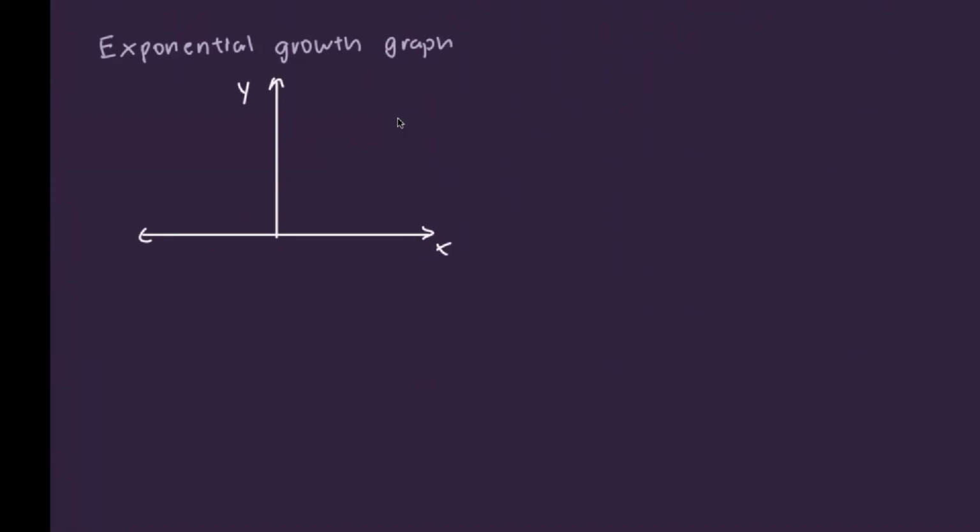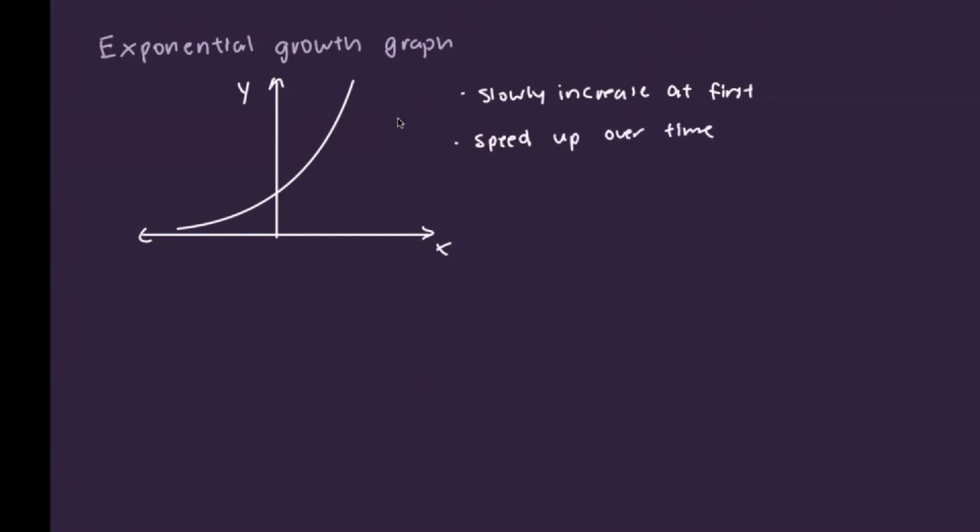Exponential growth will look something like this, where it will slowly increase at first, but speed up over time. You see how it's pretty low slope over here and then a big increase there.